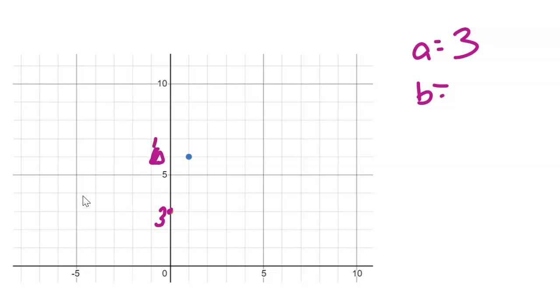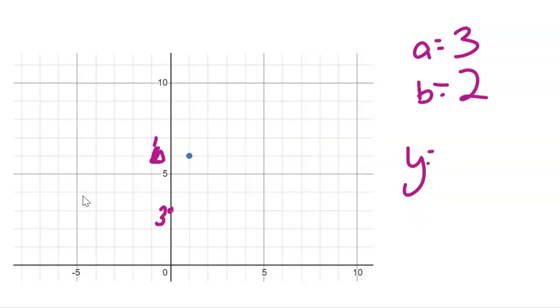So I go from 3 to 6. To get from 3 to 6, I multiply by 2. So I'm going to type into Desmos y equals the initial value, which was 3, times the rate of change, what we're changing by, which is 2, to the x power.